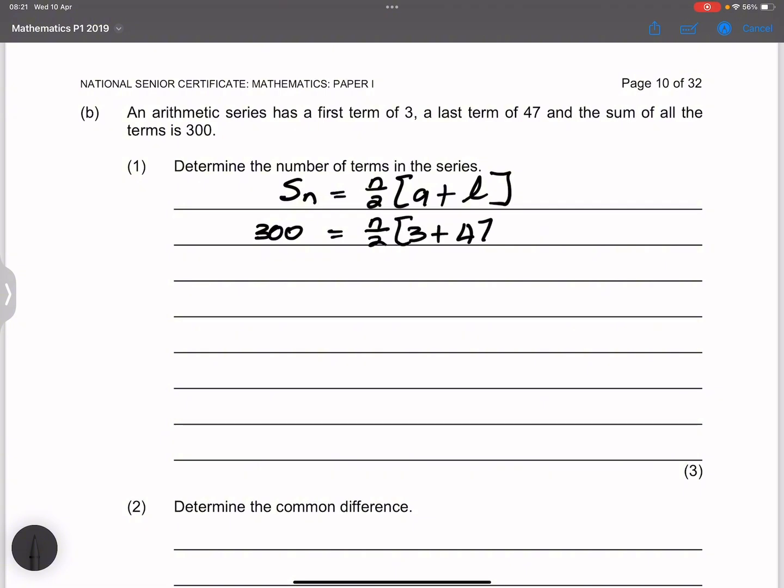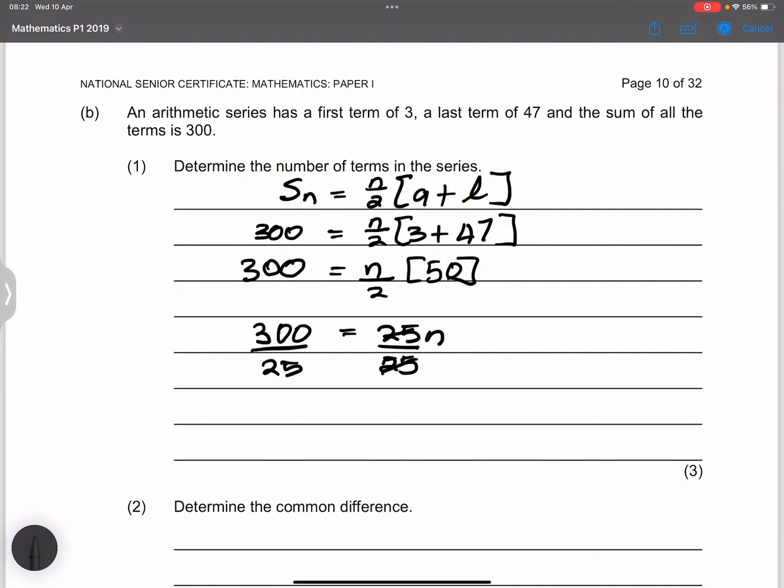Okay, so in this case, what do we have? 3 plus 47 gives us 50. So n over 2 times 50 is equal to 300. So n over 2 times 50 gives us 25n, which is equal to 300, and we're going to divide both sides by 25.